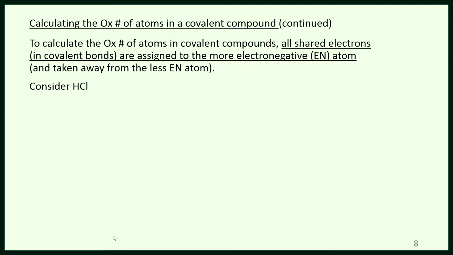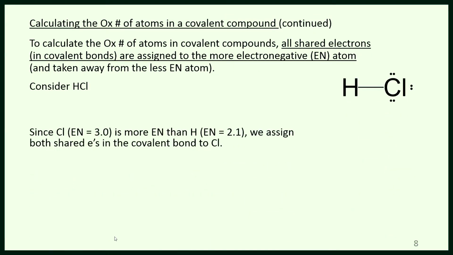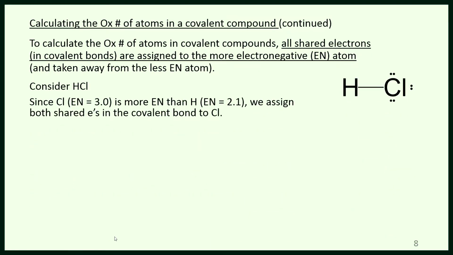Let's consider HCl a little further. Since chlorine, electronegativity 3.0, is more electronegative than hydrogen, electronegativity 2.1, we assign both shared electrons in this bonded pair to chlorine, which is more electronegative.